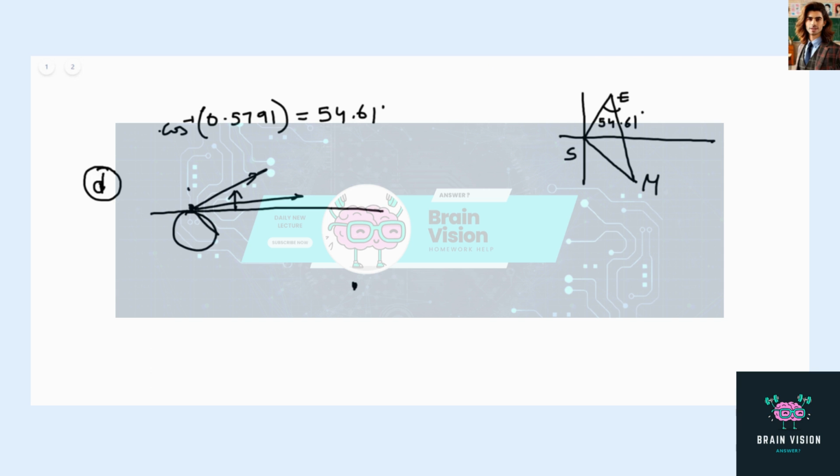Hence, for you to be able to see Mars, if you draw a line perpendicular to the Earth vector, Mars would have to be above this line, which is not true in this case because this angle is less than 90 degrees.